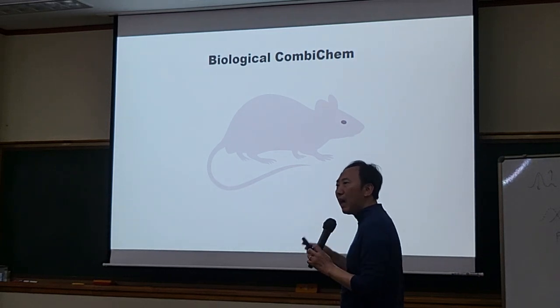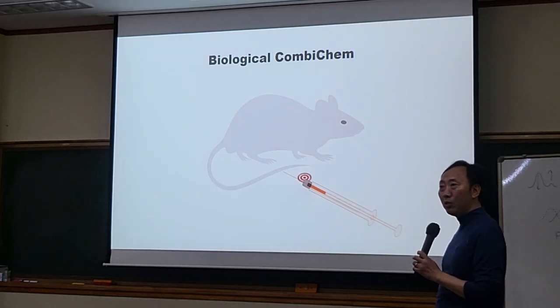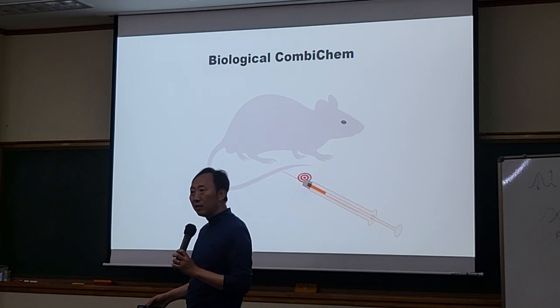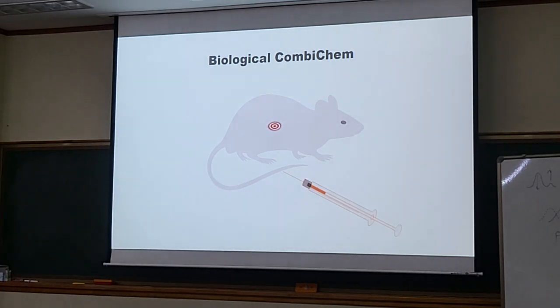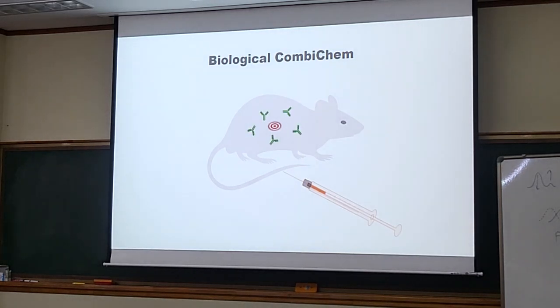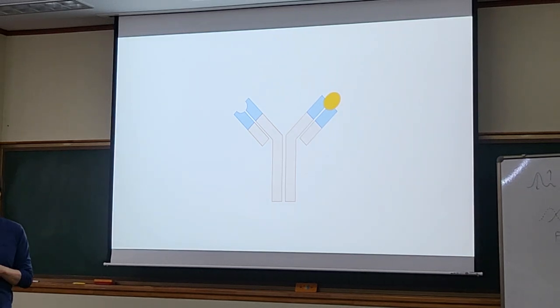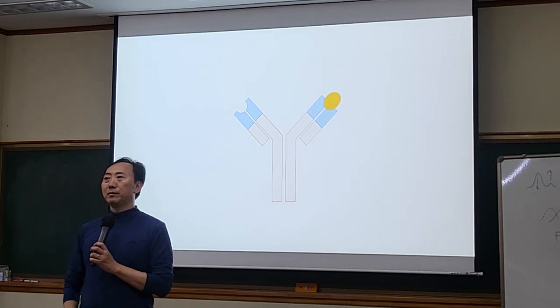So one very common biological way is, this human protein, you inject it into a mouse. Then the mouse recognizes this as an antigen. Then they may generate a lot of antibodies. So now collect those antibodies and figure out which antibodies bind to this most strongly, and you can get out the single best binding antibody, so-called monoclonal antibody.